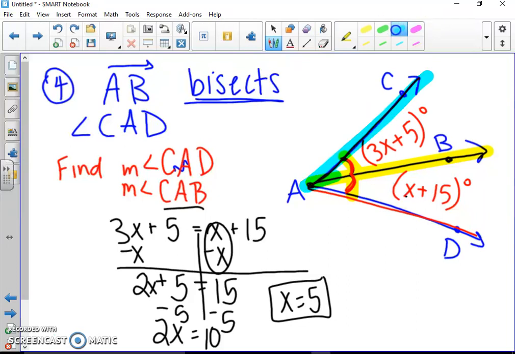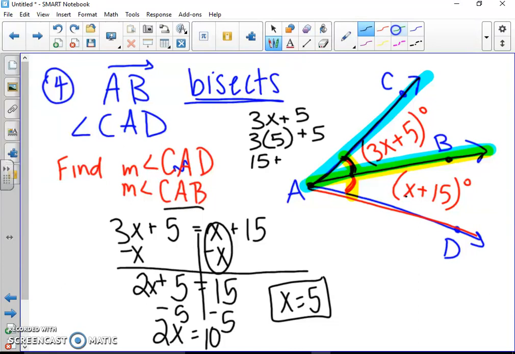So CAB, let's look at that. I'm going to find that first, actually, because if I find this amount right here, then that'll help me figure out the entire angle. So CAB is 3x plus 5. We know x is 5, so I have 3 times 5 plus 5. 15 plus 5 is 20.